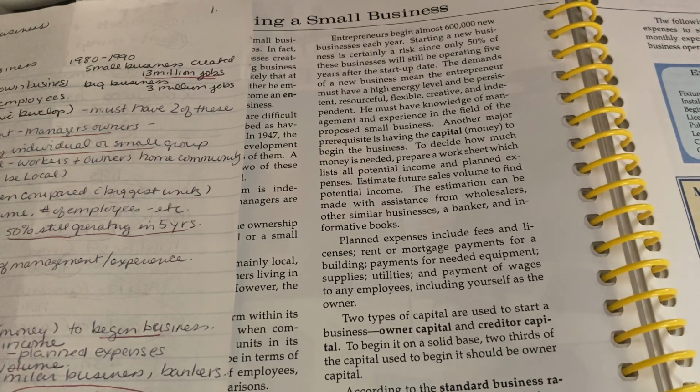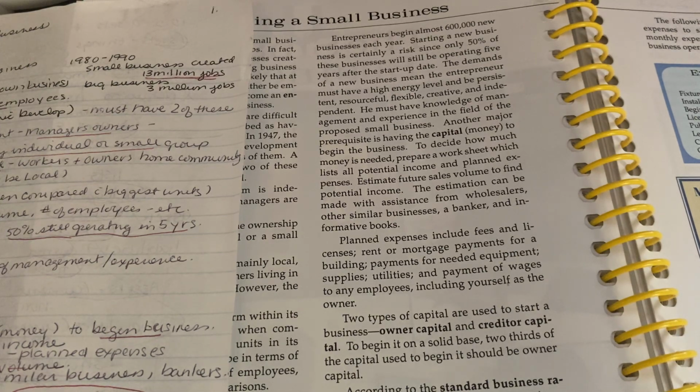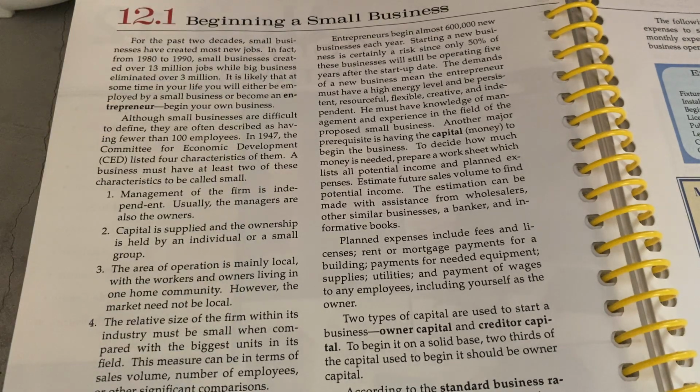If you expect to earn a salary of $20,000 as the owner of a small business, your business must have $400,000 in annual sales. So you have to figure out how much money you need to make in order to bring in a profit in your small business. So that's the beginning of the small business.